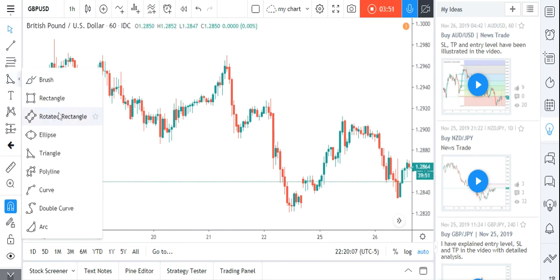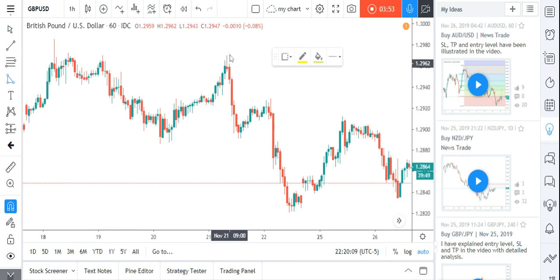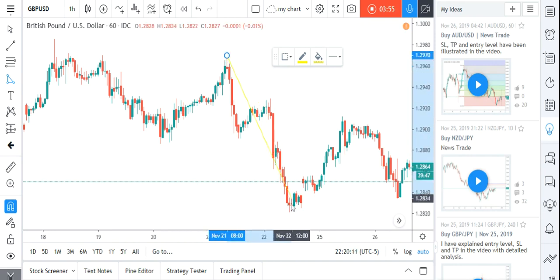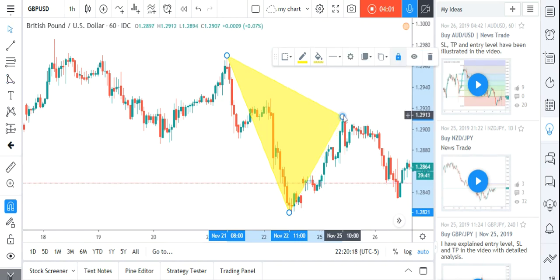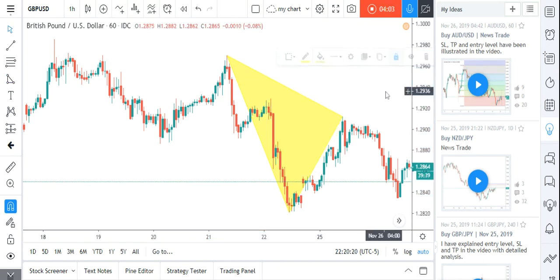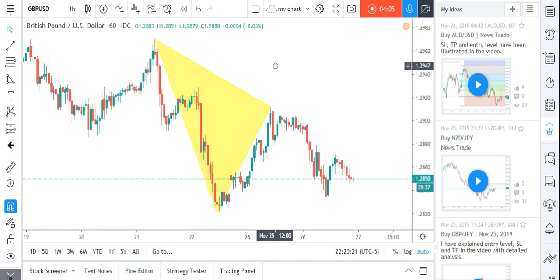Just give me a few minutes. All right, and lock it. And if the butterfly is formed, the second part of the butterfly will be something like this.